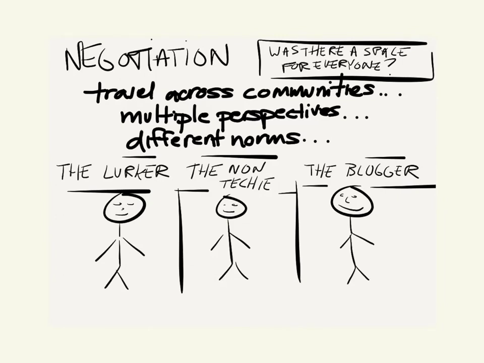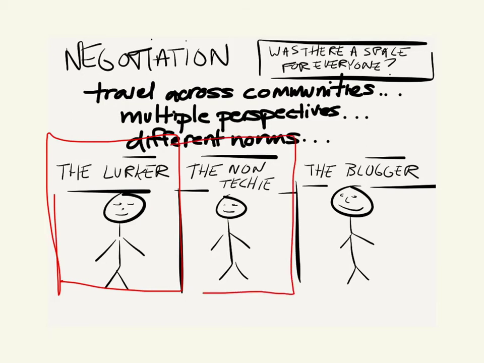Negotiation. So Jenkins talks about negotiation as the ability to travel across communities and identify multiple perspectives and different norms. So in our inquiry group, we could talk about the lurker. The lurker identifies someone who is more adept at viewing rather than commenting. The non-techie describes someone who's very hesitant around the digital, or just doesn't feel comfortable in those spaces.